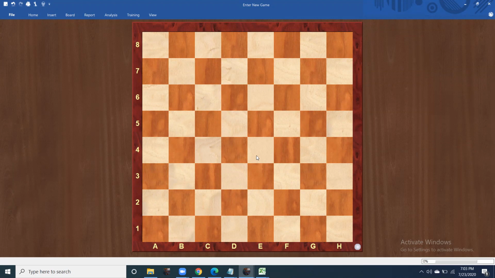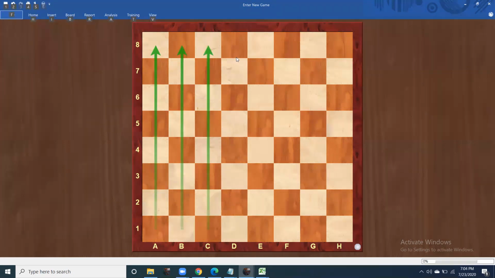If you see on the chessboard, you see here A, B, C, D, E, F, G, H, and 1, 2, 3, 4, 5, 6, 7, 8. Here I call them standing lines for the kids. These standing lines are called files.